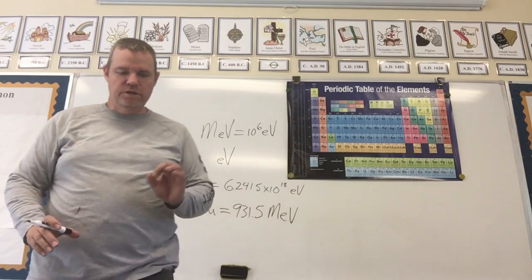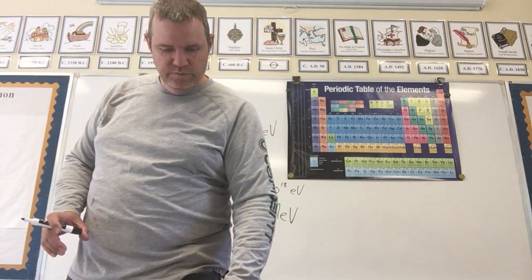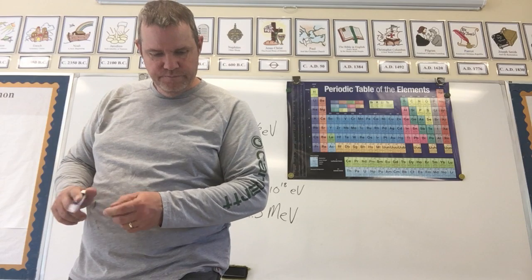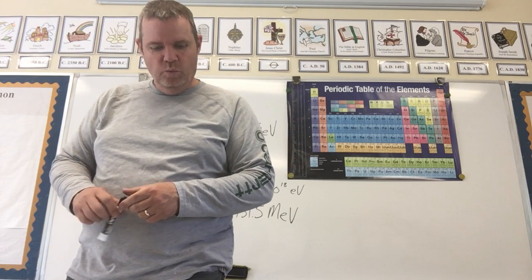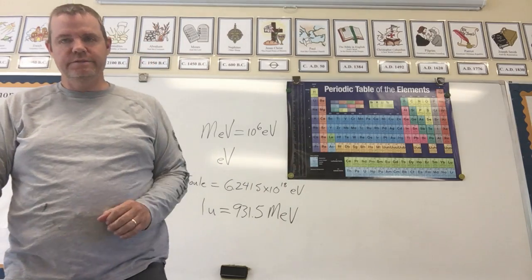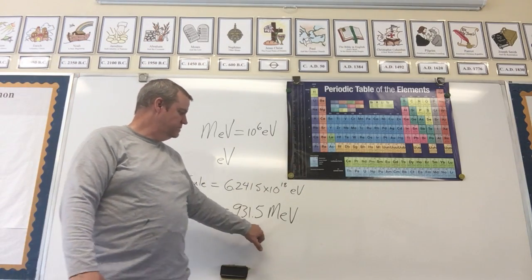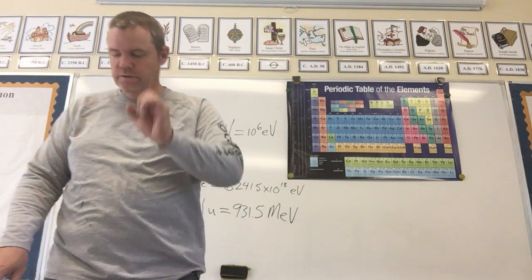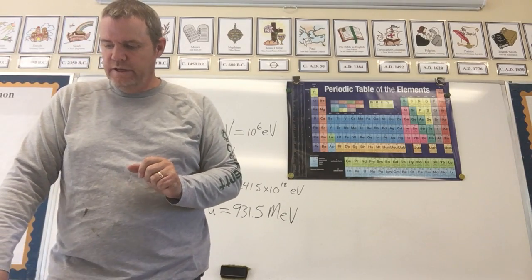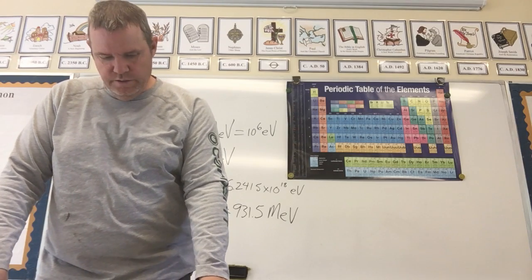That's 1 atomic unit, and it's considered the 1 atomic mass unit. So there's a lot of energy available in 1 atomic mass unit, millions of electron volts per every single atomic unit like that.